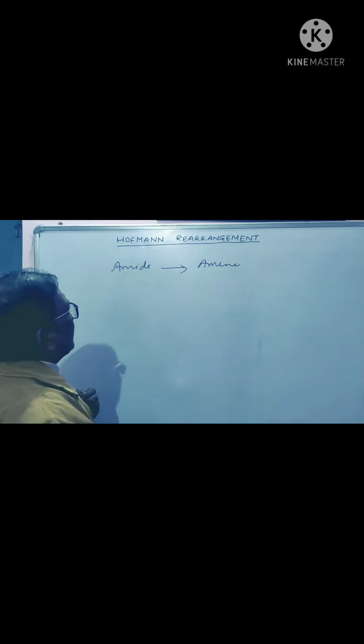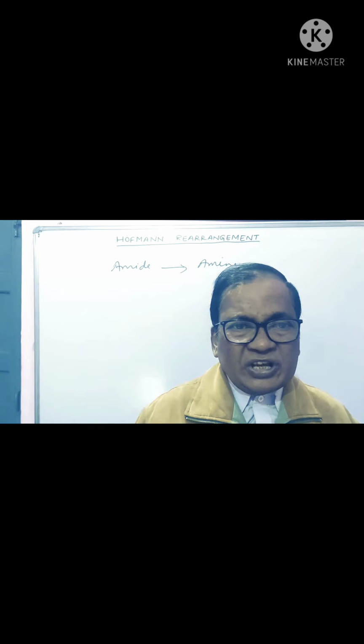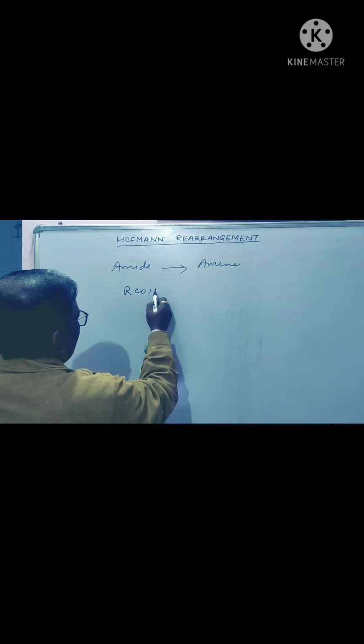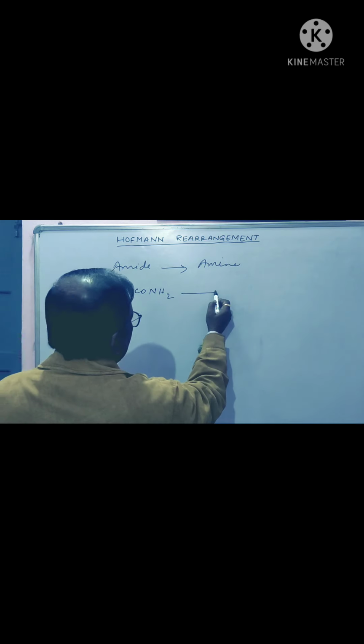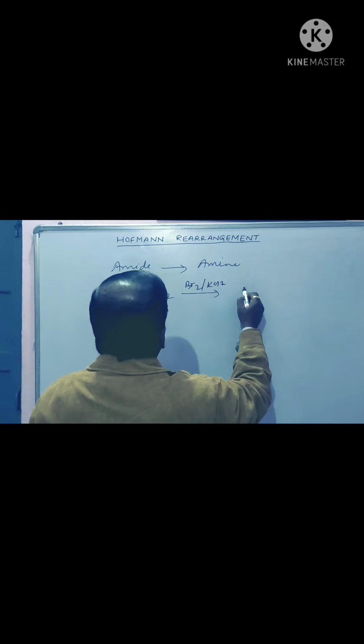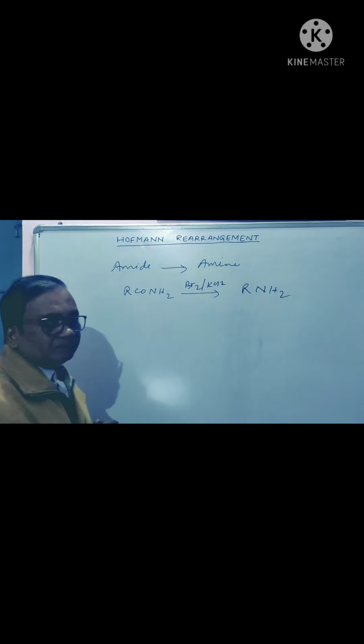And in this rearrangement, reagent is bromine and caustic potash. So you can write here, when amide is heated with bromine and caustic potash, we will get primary amine.